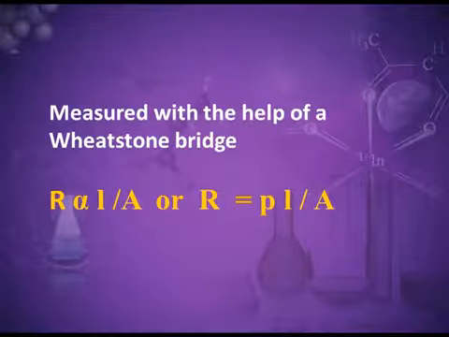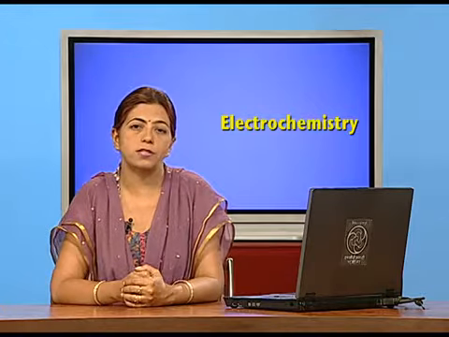Resistance R is directly proportional to the length L of the conductor and inversely proportional to the cross-sectional area A of the conductor. R equals rho L upon A. This rho is the proportionality constant known as resistivity or specific resistance.